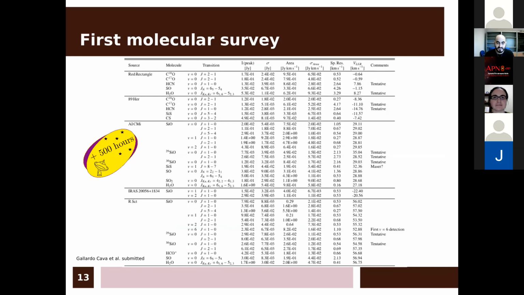So, I present you the first molecular survey in the search of molecules in binary post-AGB stars. This table only collects detections, but we have very relevant upper limits in our submitted work. This work adds up more than 500 hours of telescope time.